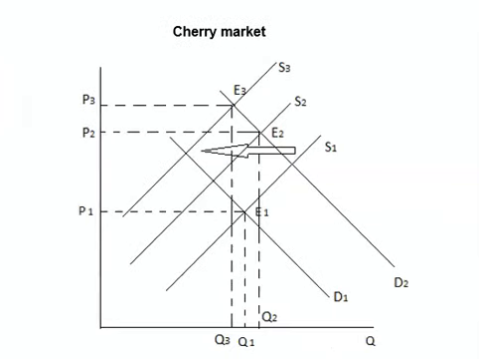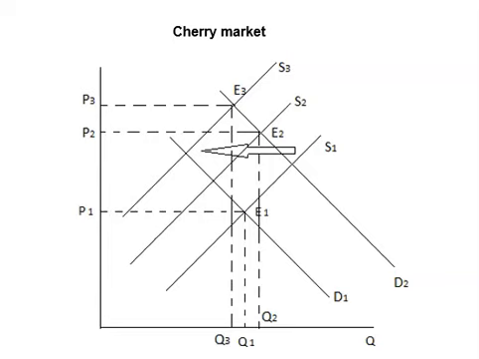Assume that the negative shock on the supply side is so big that cherry supply decreases significantly. The supply curve shifts further to the left from S1 all the way to S3 instead of S2. Here, we can see that the new supply curve S3 cuts the new demand curve D2 at the new equilibrium E3.